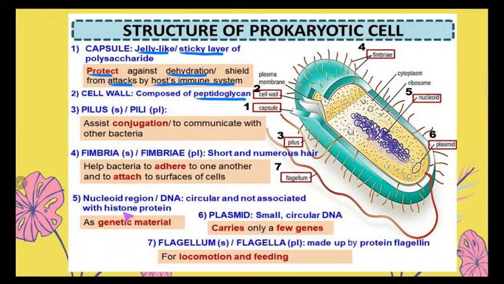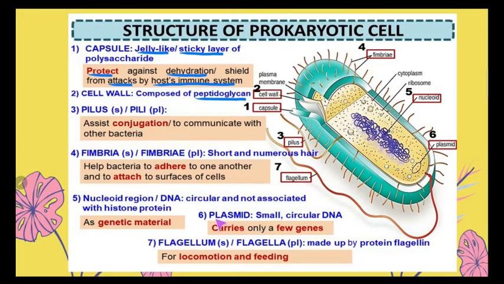Okay, not like eukaryotic cell or like animal cell, like human. Our DNA is not circular. Our DNA is linear and our DNA is associated with histone protein. Okay, the function of the nucleoid region, of course, is as a genetic material because it contains DNA.